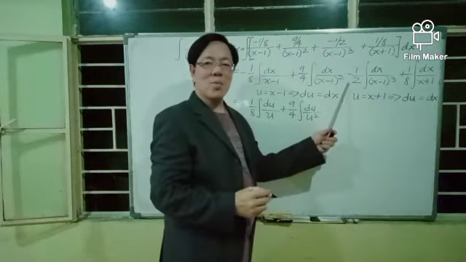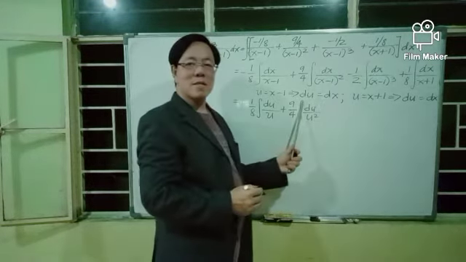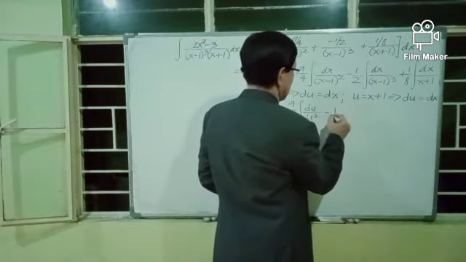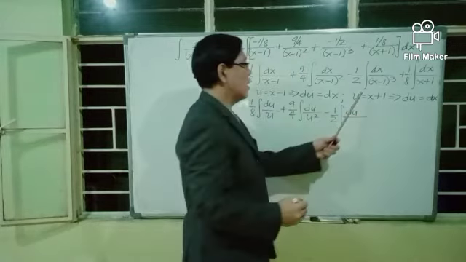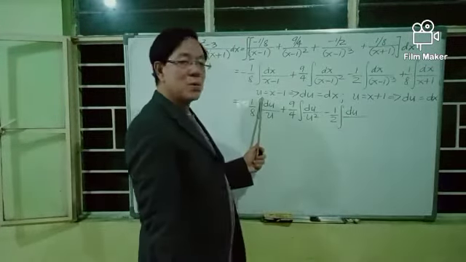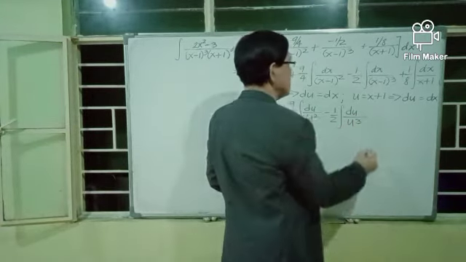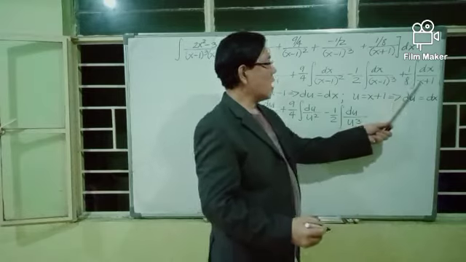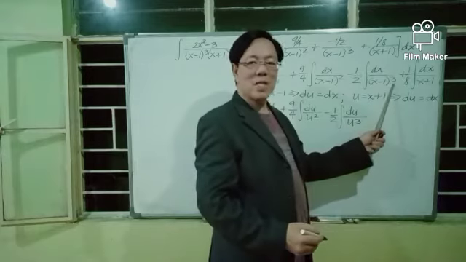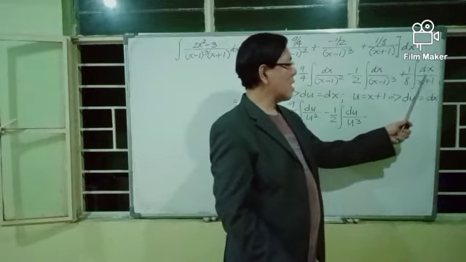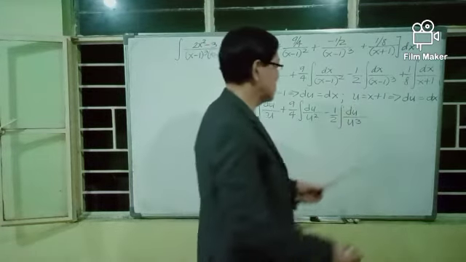The next term is negative 1/2 times the integral of dx. Dx is du, and x minus 1 is u to the power 3. And for the last term, x plus 1 is u. So the last term is plus 1 over 8 times the integral of dx. dx is du over x plus 1, and x plus 1 is u.